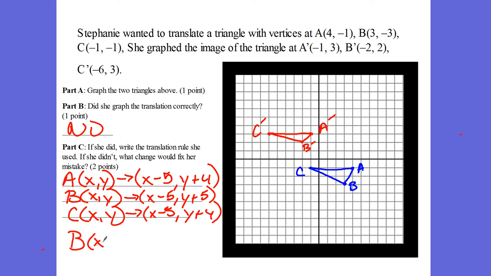So B should be X comma Y changing to X minus 5, Y plus 4. And what is the B prime coordinate supposed to be? 3, 1? No, 2, 1. So it's supposed to be -2 and +1. There you go. Make sense? Okay. All right, so let's take a look at the next one.